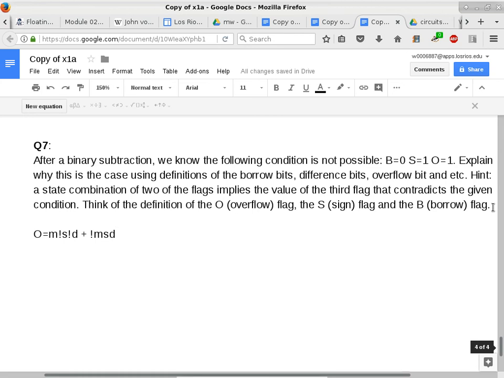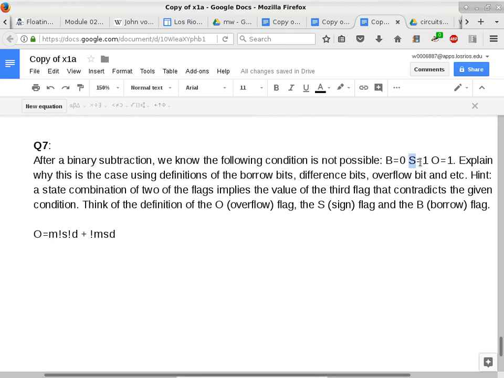Is it vaguely familiar? Okay. So I'm telling you, in this impossible combination, I'm saying that overflow is a 1. What is that telling you? It's telling you that the OR, the disjunction, is giving you a 1, right? And then I put a sign here. The sign flag is the second one.